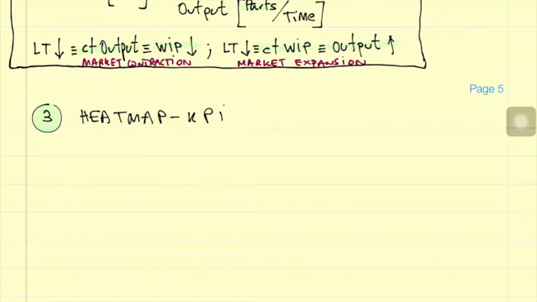So in order to do so, we just take a piece of paper or a blackboard or something like that, and then we list these KPIs. Let's say lead time, cash flow, PPMs, delivery rate, and work in progress.